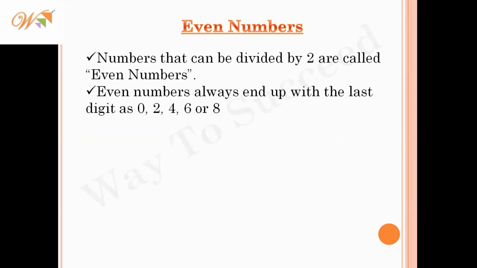So numbers that can be divided by 2 are called even numbers, right? Or I can say that even numbers always end with the last digit as 0, 2, 4, 6 or 8. Whatever even number you take, it will end with 0, 2, 4, 6 or 8.